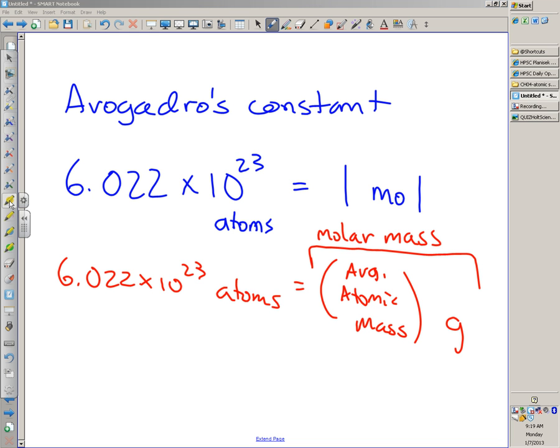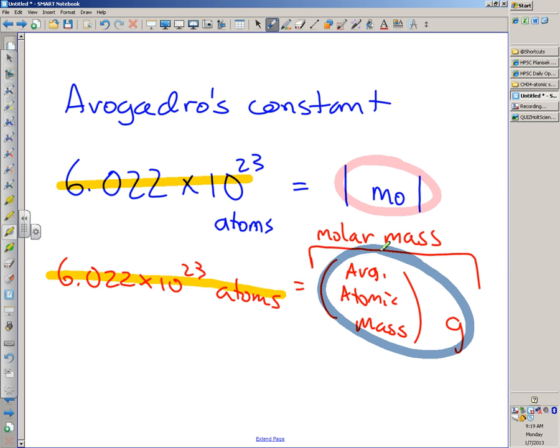Because if 6.022 times 10 to the 23rd atoms is equal to 1 mole, and 6.022 times 10 to the 23rd atoms is also equal to this value, if A equals B and B equals C, right? What is that? Transitive property? I don't know, whatever.